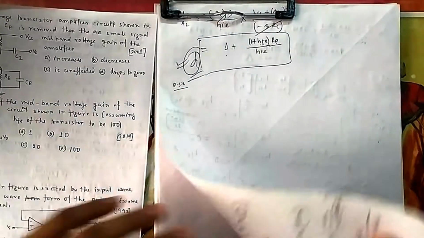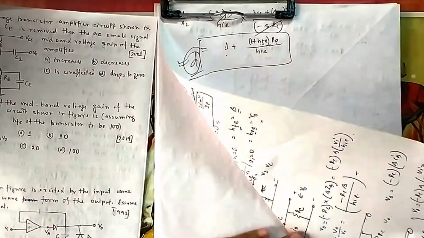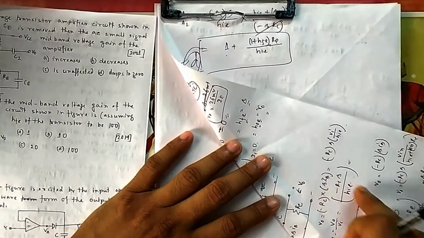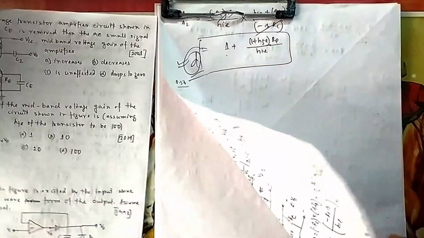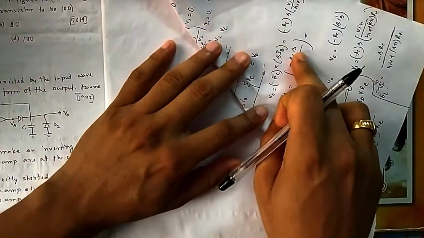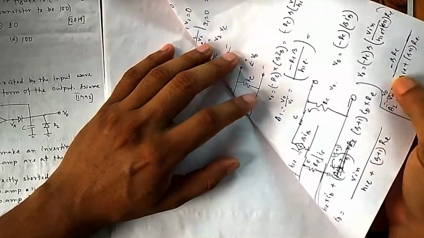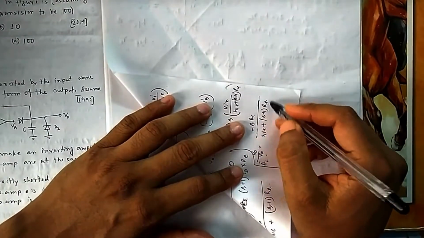If you can see 55, if it is not removed, our gain was RC into beta by hie. The first case was when you had the capacitor, it was bypassed, then this was the gain. The second one is the case when it is removed, so you can see it is divided by this one.